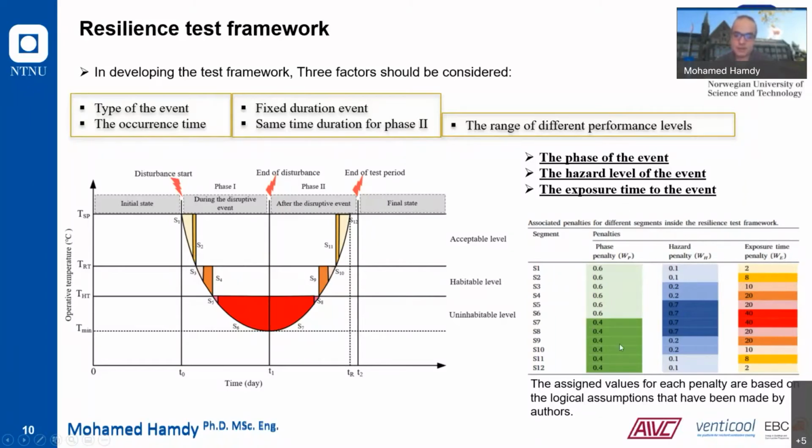By this we assume that the penalty for phase 1 is 0.6, and for recovering 0.4, because people recover and go to better. For hazard level, we give different weighting factors, and exposure time also. The exposure time penalty here is larger than here, and segment 6 is larger than segment 4, for example. So that's what we have considered.